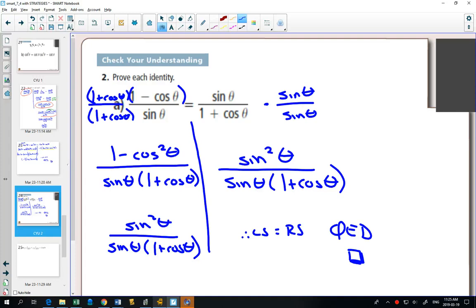Now, sometimes this strategy is called multiplying by the conjugate, because what we did on the left-hand side was we multiplied 1 minus cos theta by 1 plus cos theta. So sometimes it's called that. I find that many of you have forgotten what the word conjugate means in mathematics.